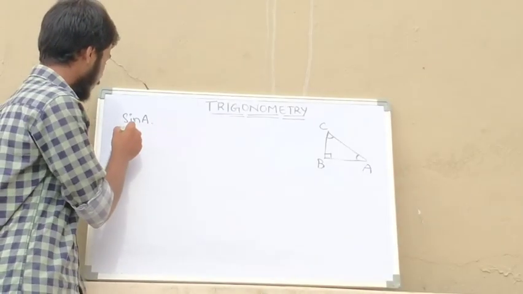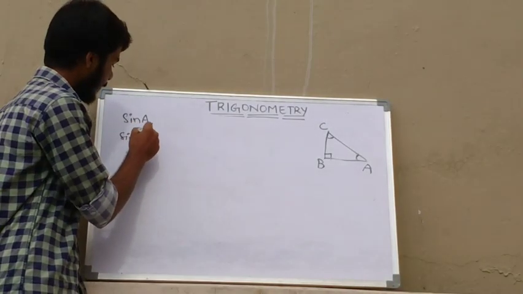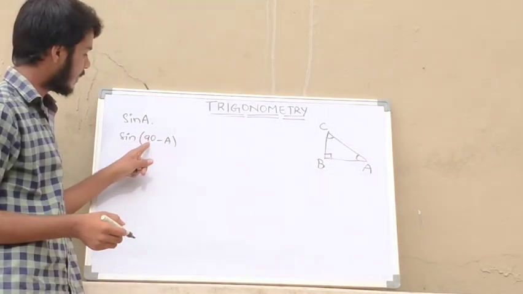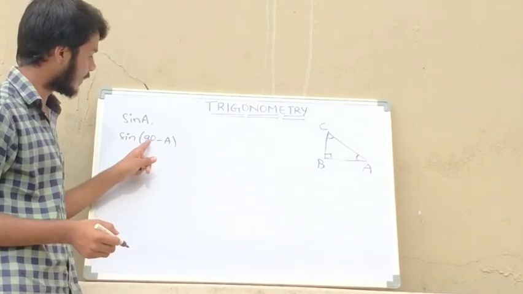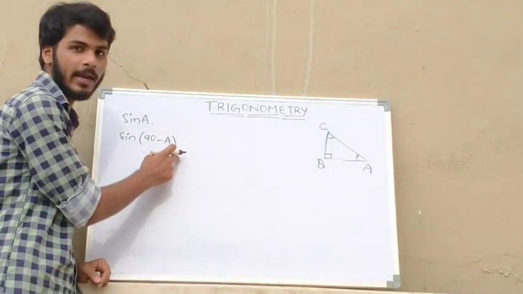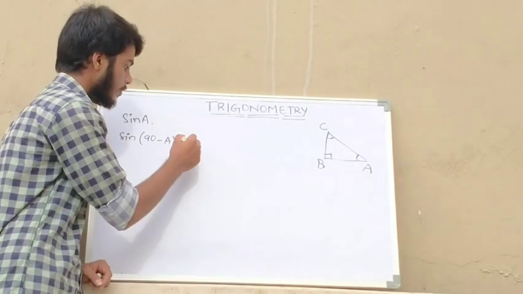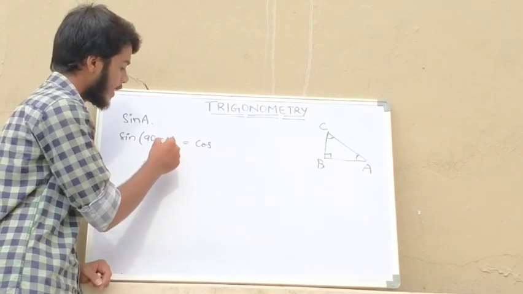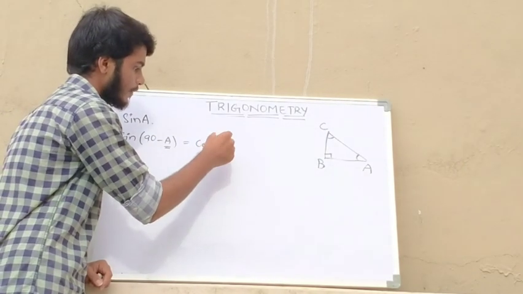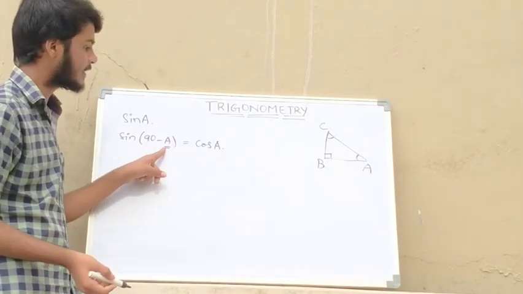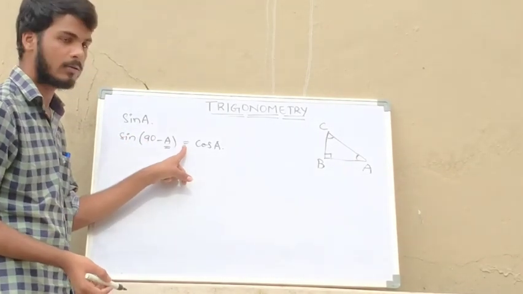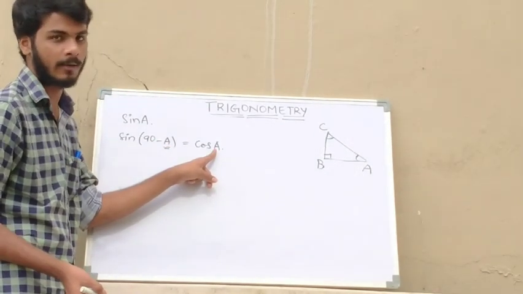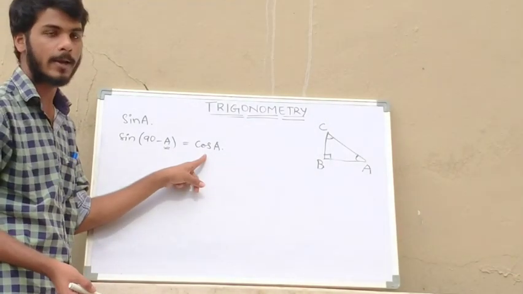For example, sin 90 minus A. If an angle is like this, 90 minus A, then sin will be changed into cos, and the result will be whatever the angle here says. So in sin 90 minus A, sin changes to cos, the 90 minus is removed, and A is written here. So sin 90 minus A is cos A.